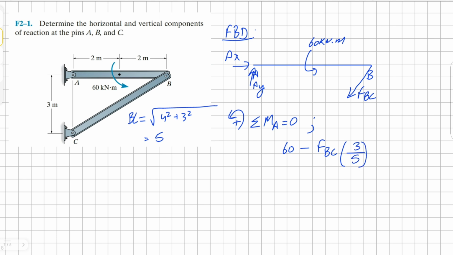The distance between A and B is 4, equals 0, and solving this we get positive 25 kilonewton.